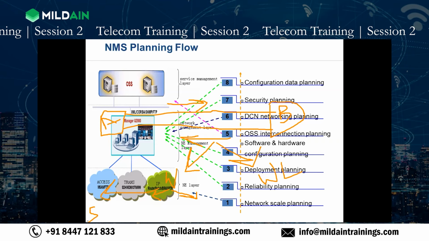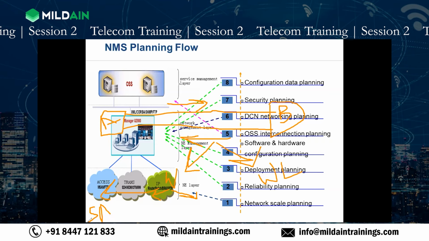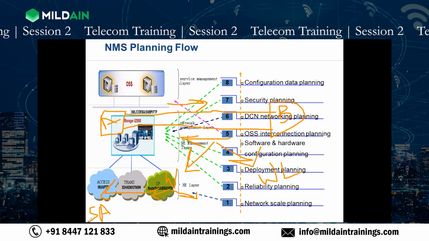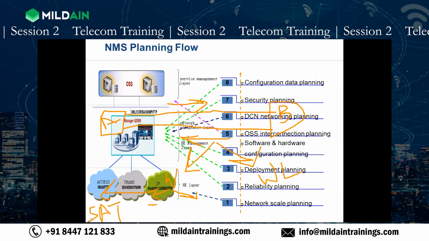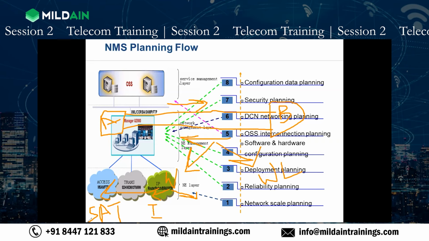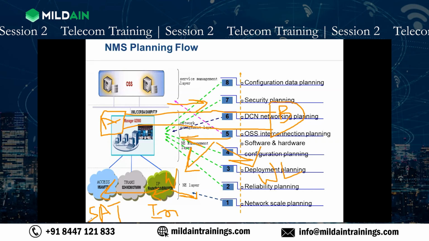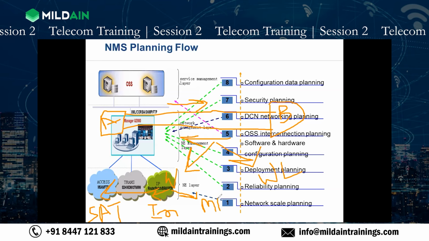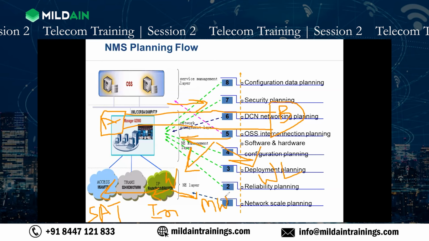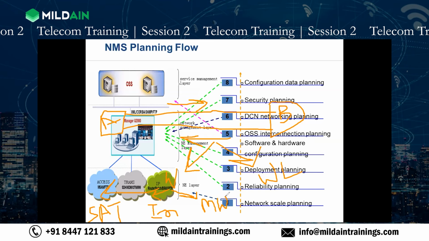One is satellite. The second option is infrared radios. The third one is microwave. Three options we have only.